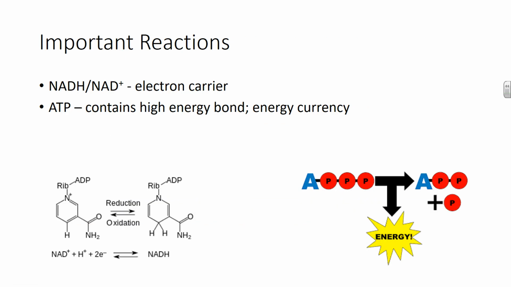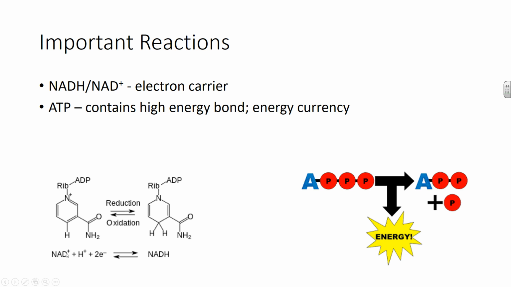Before we can begin discussing the pathways of metabolism, we need to become familiar with two different reaction components. The first one is our NADH and NAD molecules. These molecules have the job of carrying electrons around in the cell. Now, without going into detail on the chemistry of these molecules, let's take a look down here at the actual reaction. NAD is the oxidized form.